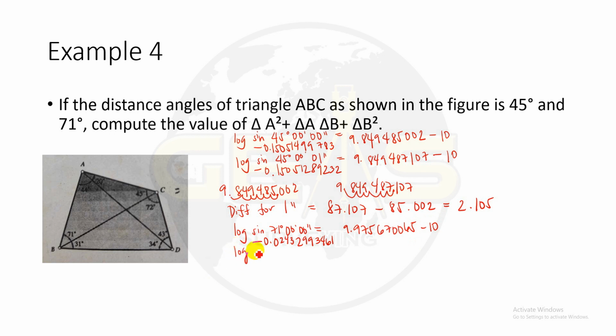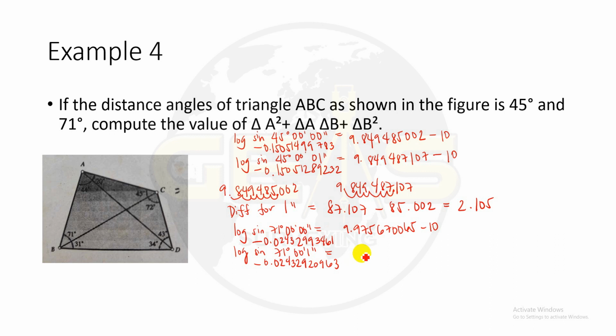So for logarithm of sine 71 degrees 0 minute and 1 second, so the value is negative 0.0243292096.3.